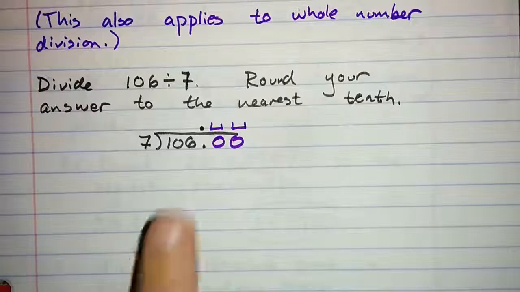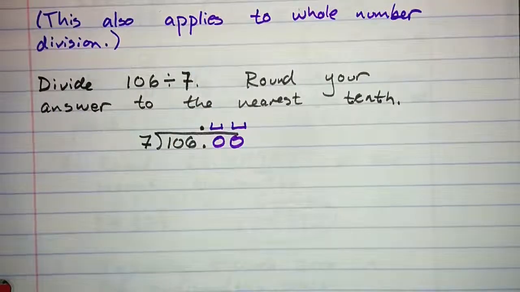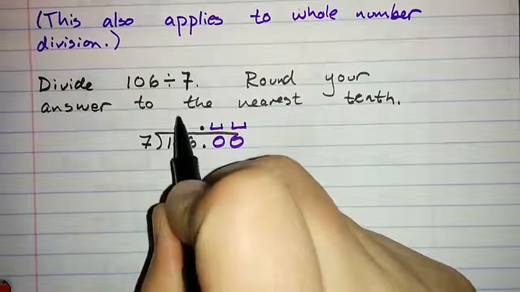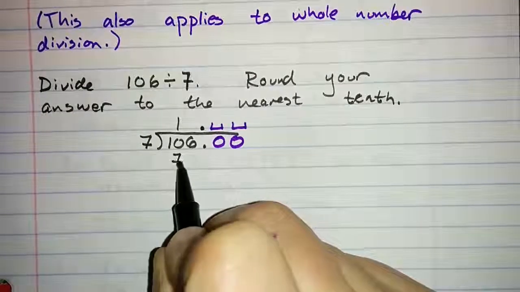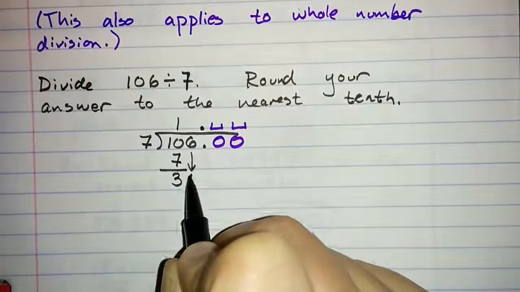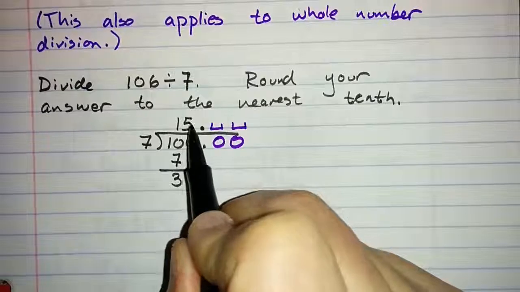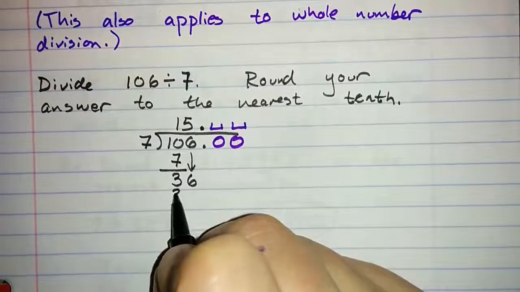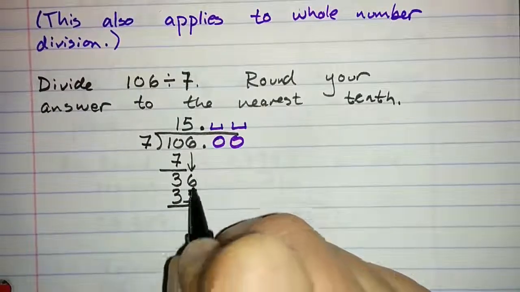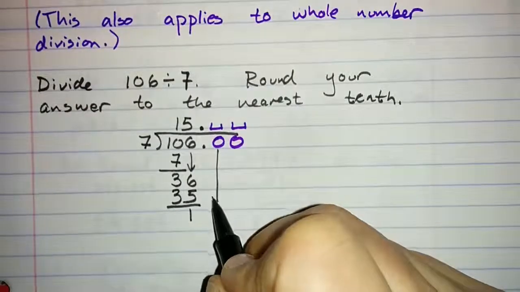So, we divide. 7 goes into 1, not at all. It goes into 10 once. 1 times 7 is 7. 10 minus 7 is 3. Bring down the 6. 7 goes into 36 5 times. 5 times 7 is 35. Subtract. 1 remains.